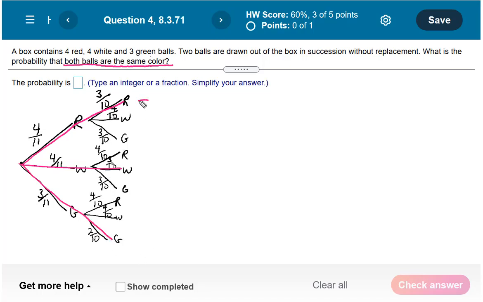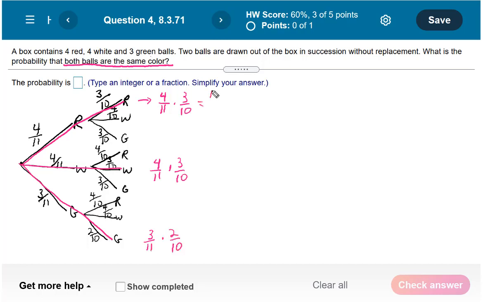Multiplying along this branch, we have 4 out of 11 times 3 out of 10. The middle branch, we have 4 out of 11 times 3 out of 10, and the bottom branch is 3 out of 11 times 2 out of 10.